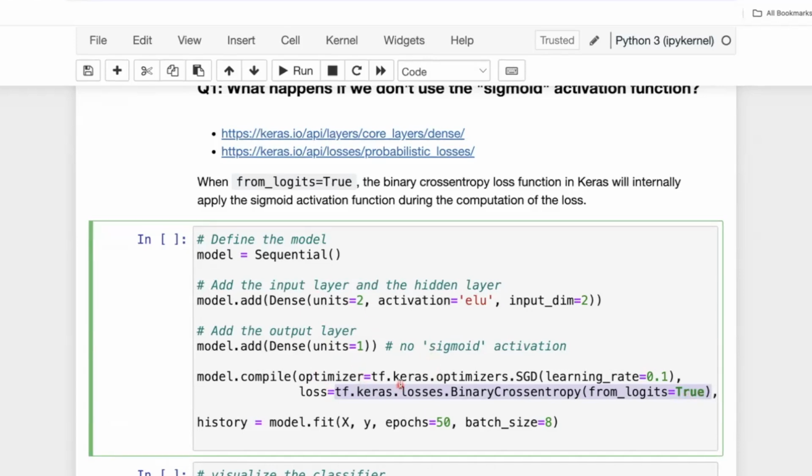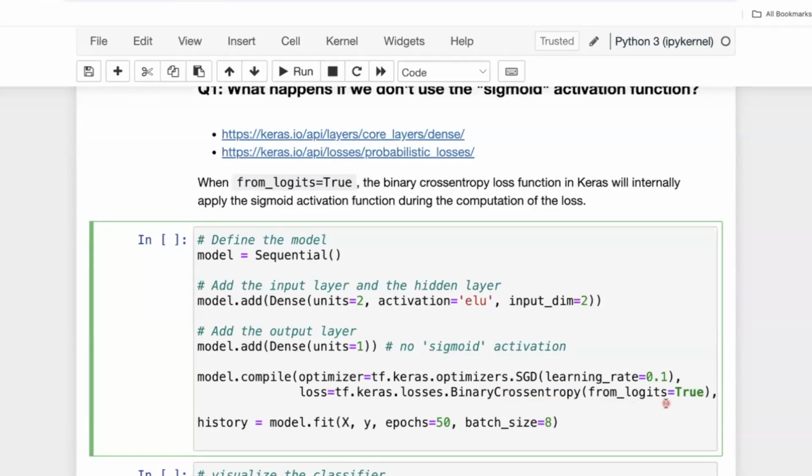And everything else is the same except one more important difference here. Instead of using the ReLU or rectified linear unit, in this case, we are using the exponential linear unit. And let's see whether this really makes a difference or not, because not using the sigmoid function is exactly the same, since we are using the correct way of binary cross entropy by setting from_logits equal to true.